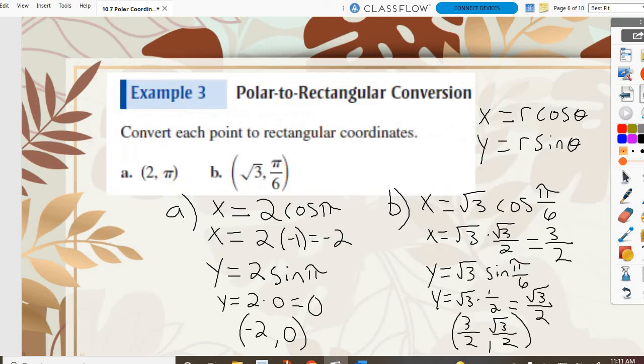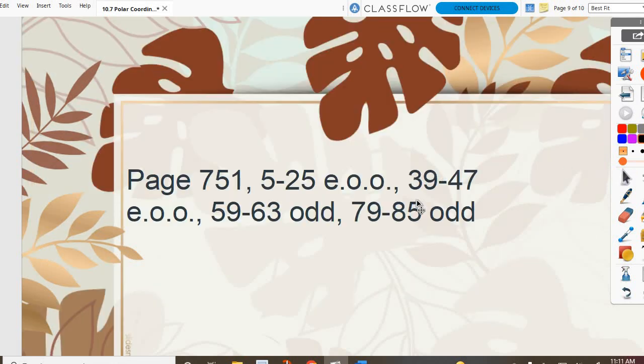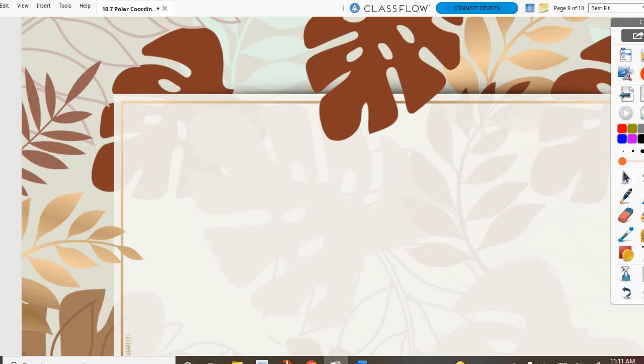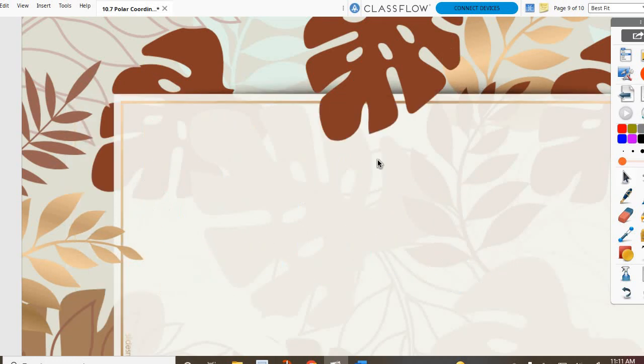So if I have our cosine, I can just go ahead and plug x in for that. Okay. So then the only other type that we could possibly see is something that has going the opposite way.